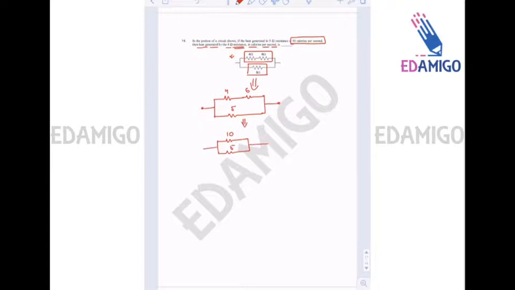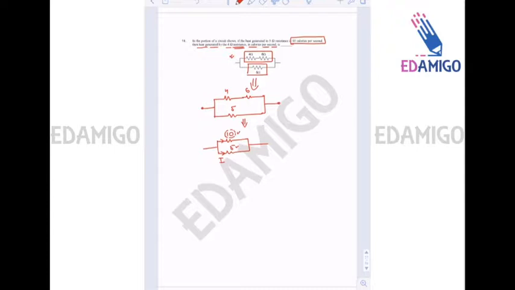Now if current I is going in the 5 ohm resistance, then how much current will go in the 10 ohm resistance? Since the 10 ohm resistance and the 5 ohm resistance are in parallel, the voltage drop across the two should be exactly similar.